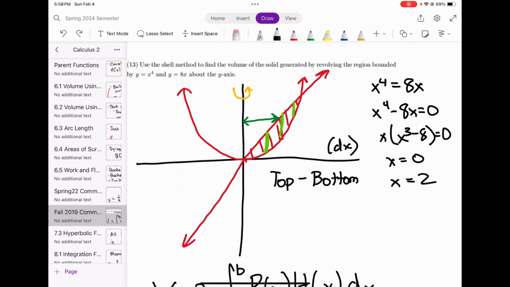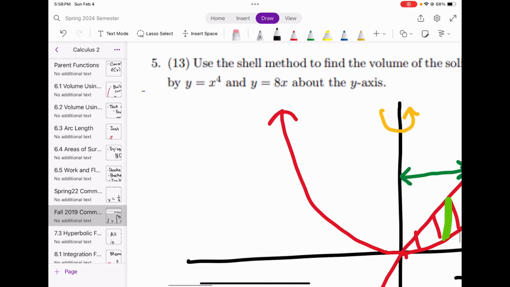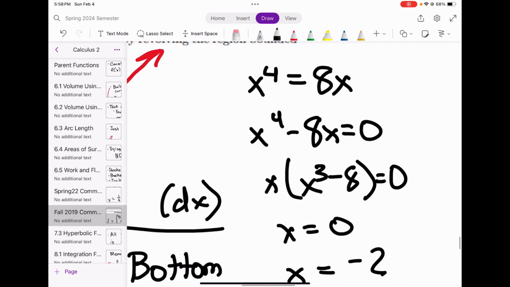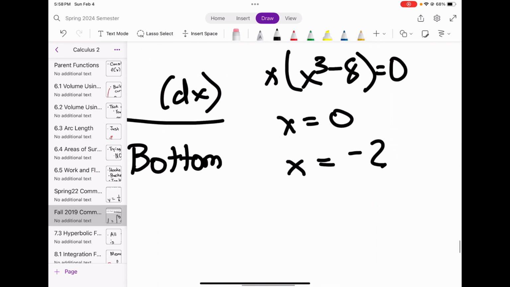Plus minus 2? No. If you plug in 2 here, you're going to get 16. If you plug in 2 here, you're going to get 16. Okay, yeah, so it's 2, not negative 2. It can't be minus 2, though. It's going to be 2.